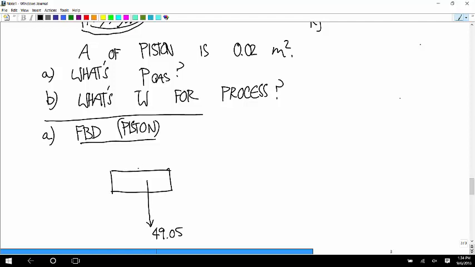And then atmospheric pressure pushes here, and it's equal to 1.01 times 10 to the 5th times the surface area of the piston, 0.02. And then pushing up, we have the pressure of the gas that we're trying to find times the surface area of the piston.